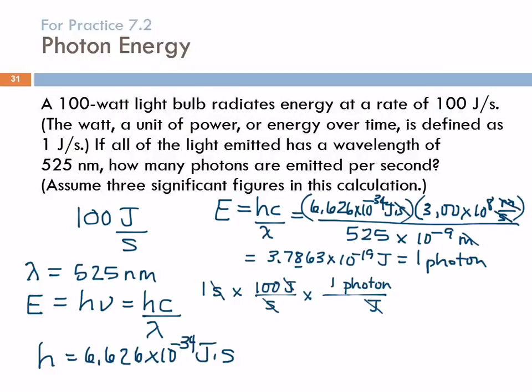So 1 photon is 3.7863 times 10 to the minus 19 joules. So I have 1 times 100 divided by 3.7863 times 10 to the minus 19.